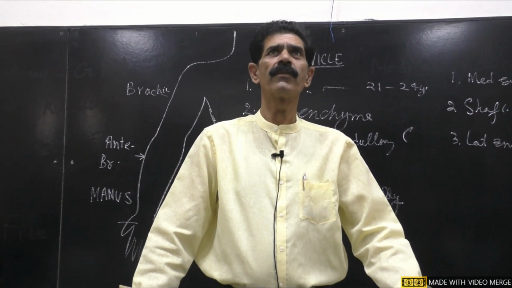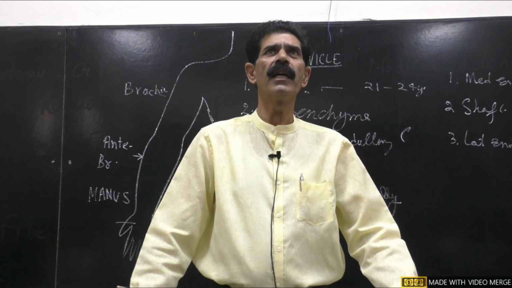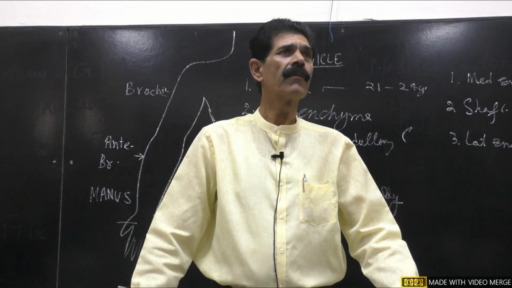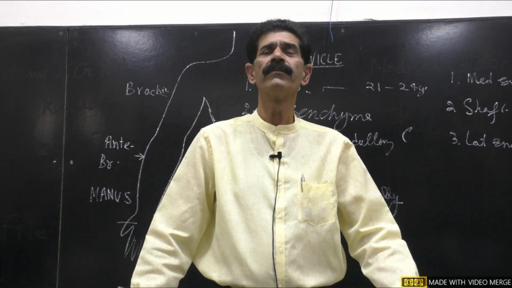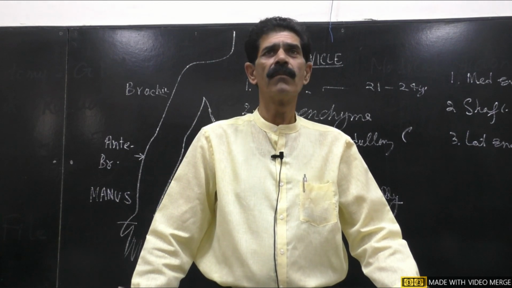So first we have to see the medial end. The medial end of the clavicle articulates, as you have recently done, with the lateral upper angle of the manubrium sterni.